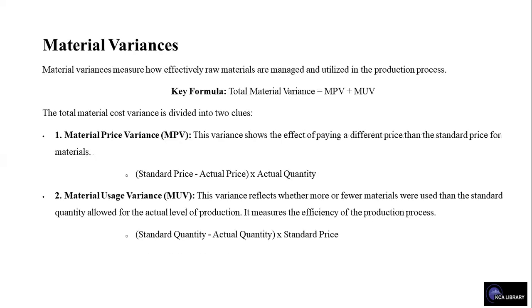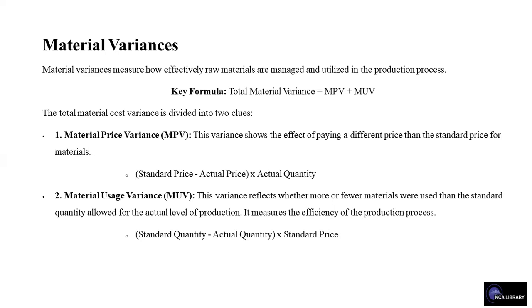We have the material variance, which measures how effectively raw materials are managed and utilized in the production process. We have the formula there: material variance equals MPV plus MUV. MPV is the material price variance, which shows the effect of paying a different price than the standard price for materials.